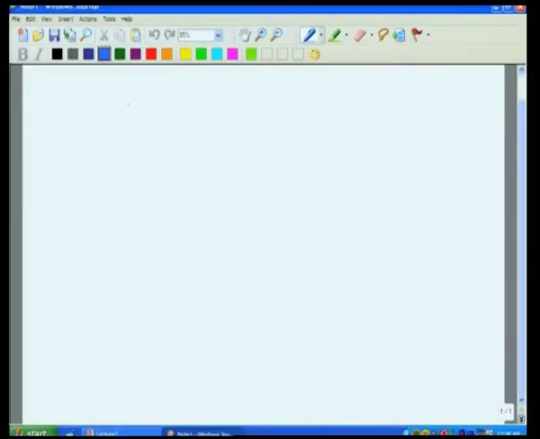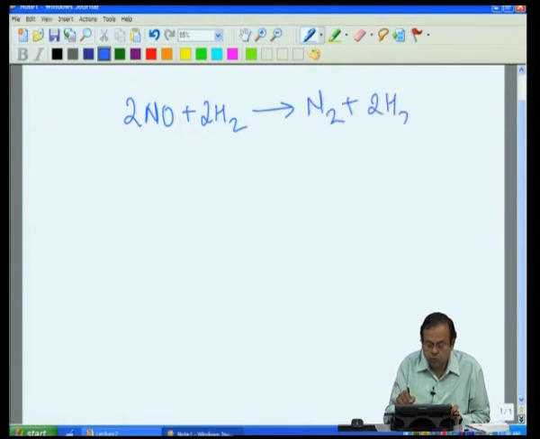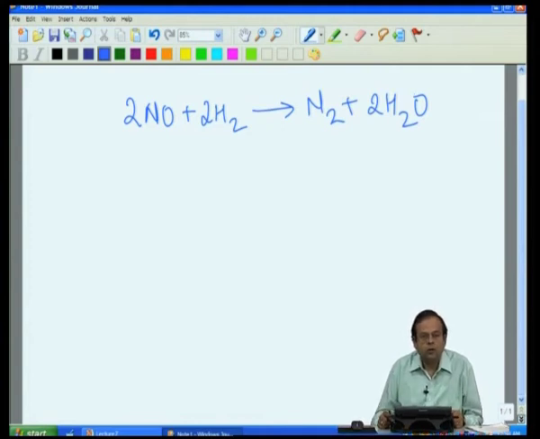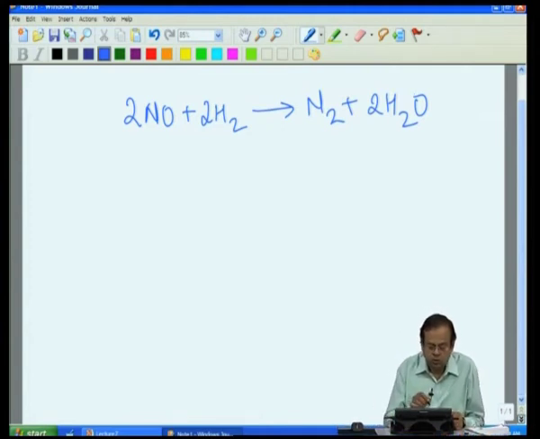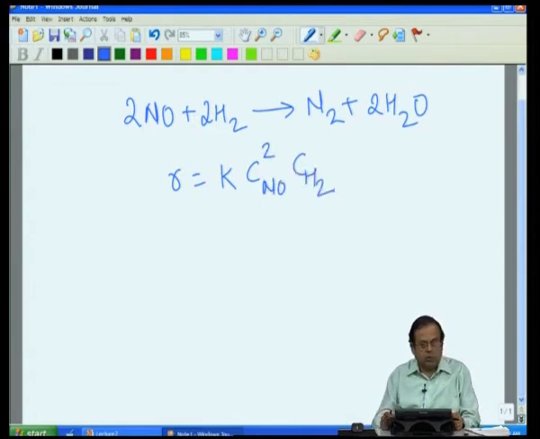For example, if we look at the reduction of nitric oxide to give rise to nitrogen and water, the kinetics is given by a rate law.